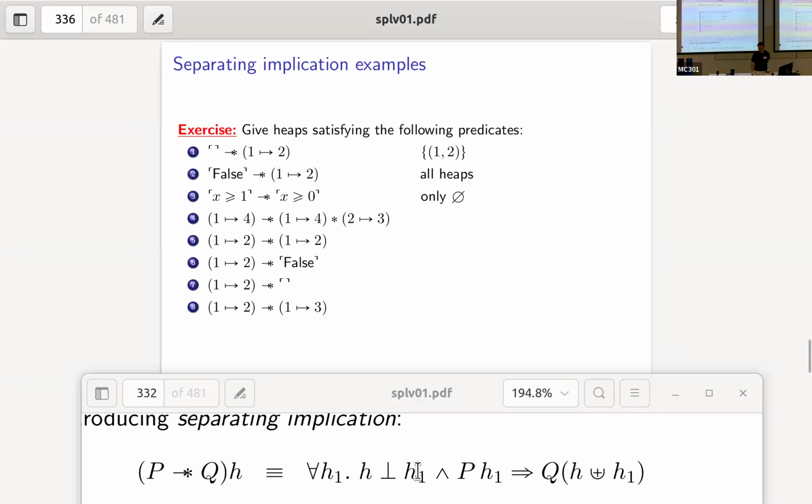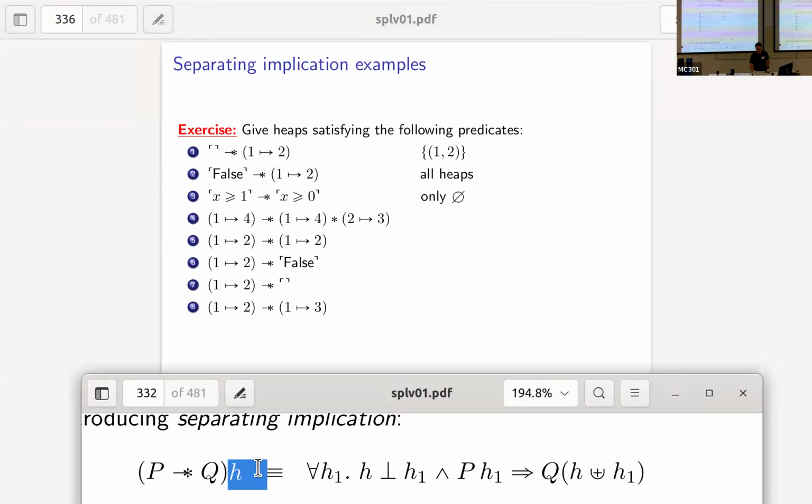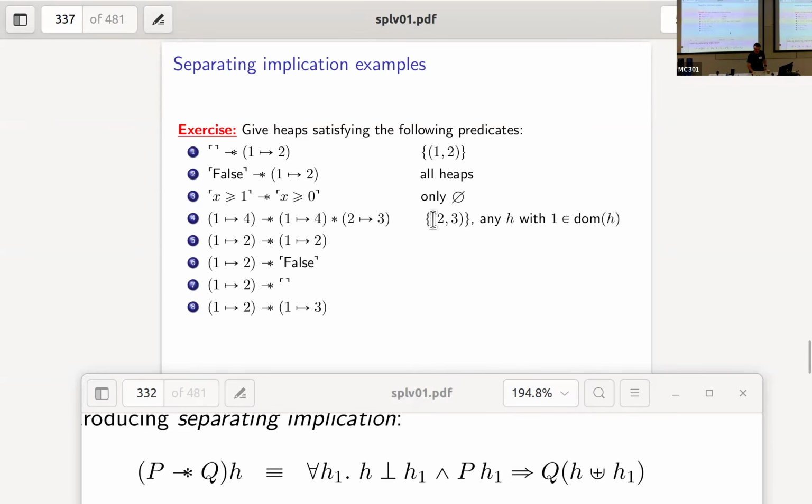Remember the definition: for every heap that is disjoint from H, P of H1 implies this. So if H already mentions 1 as a location, then indeed the singleton heap 2 to 3 works, but every H that has 1 in its domain will satisfy this implication.